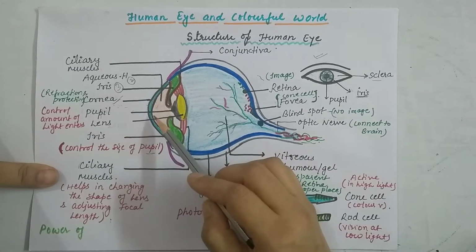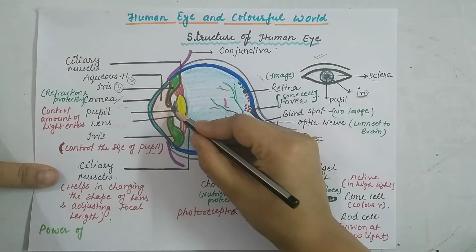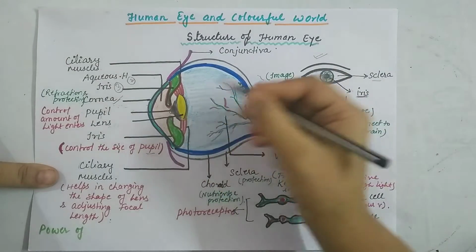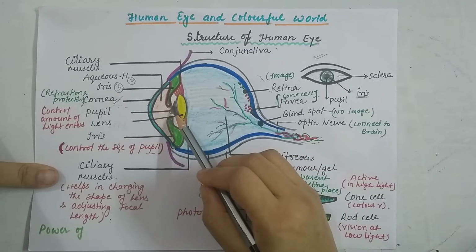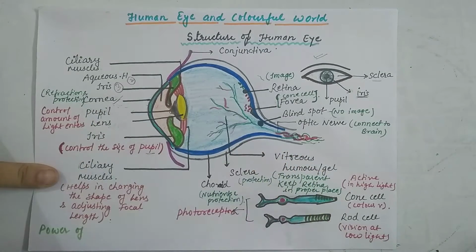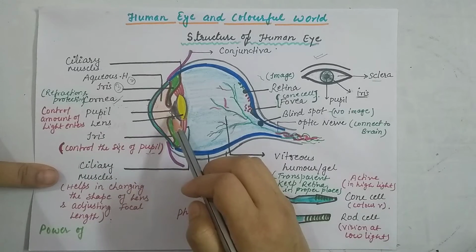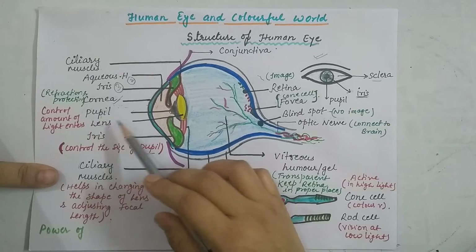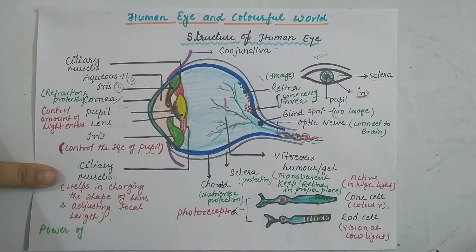The pupil is this black part here, and here. The basic function of the pupil is to control the amount of light that enters it, meaning how much light enters.